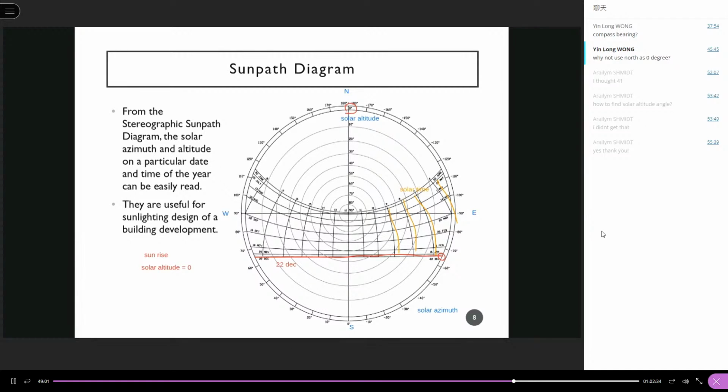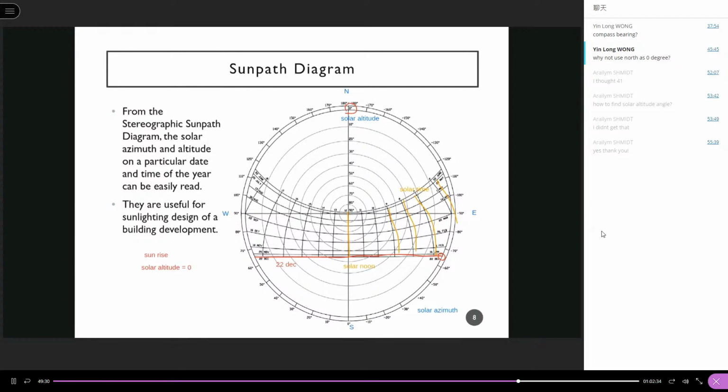This line will represent the solar noon time. The red line shows the sun path on the winter solstice, 21st or 22nd of December. And then at different times, we can locate the sun in the sky, like 10 o'clock.